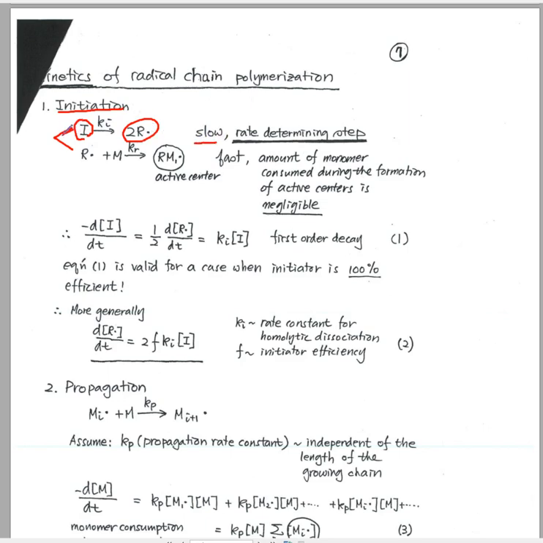So among these two reactions, the first is the RDS, or rate determining step. The rate constant is Ki in the first reaction. As the second reaction, the radical reacts with monomer forming an active center. This is fast, and the rate constant is denoted as Kr.